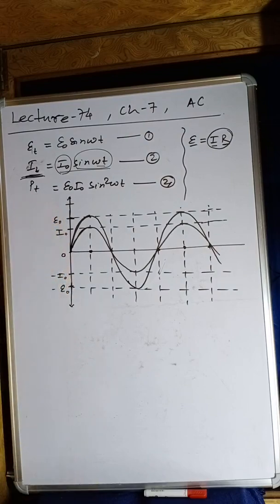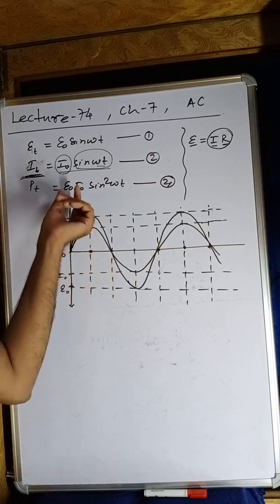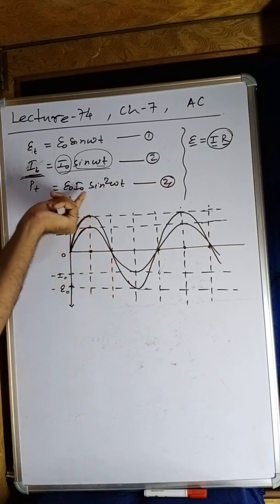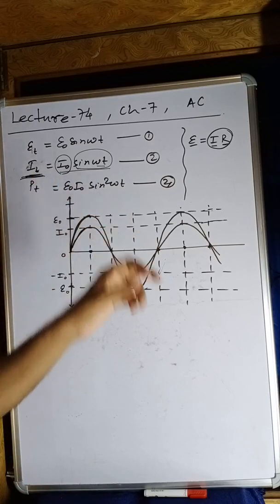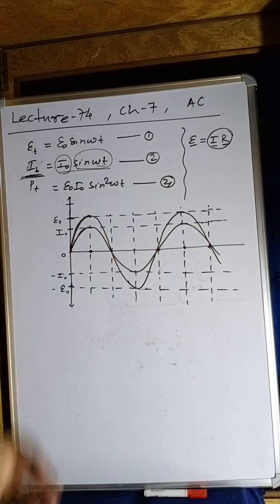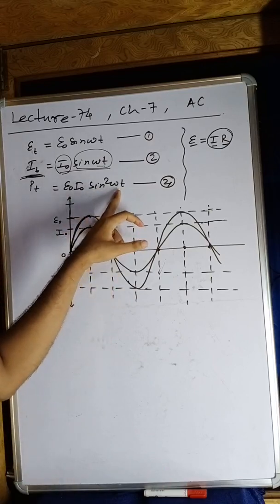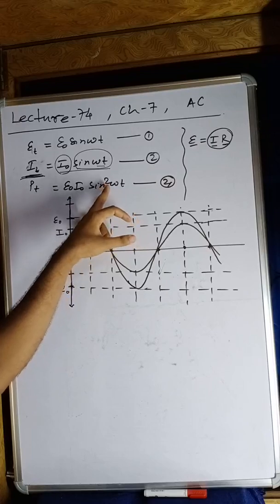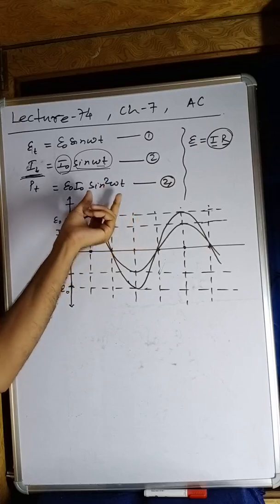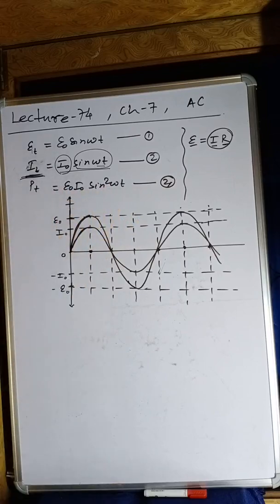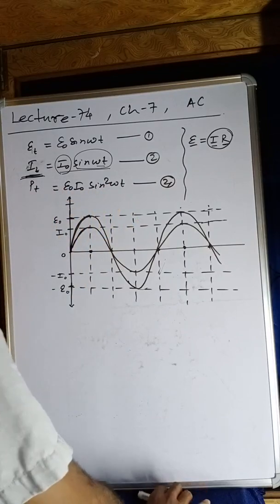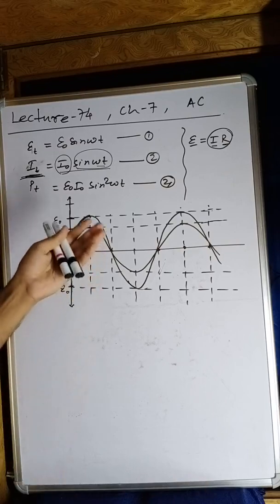Now let me discuss the graph of power. You can see, my dear students, this is the amplitude E naught I naught, and both are positive. For any value we know that the sine varies from -1 to +1, am I right? But the square function always makes this positive. So the value of P(t) will not go down.